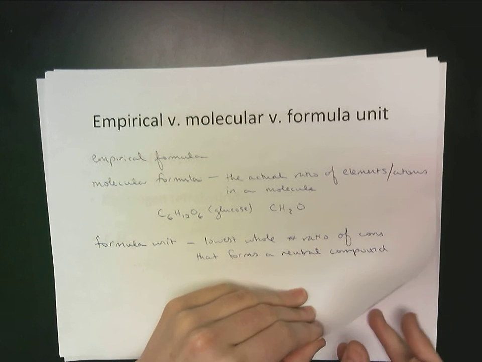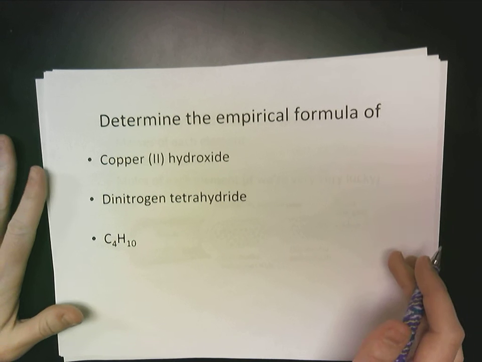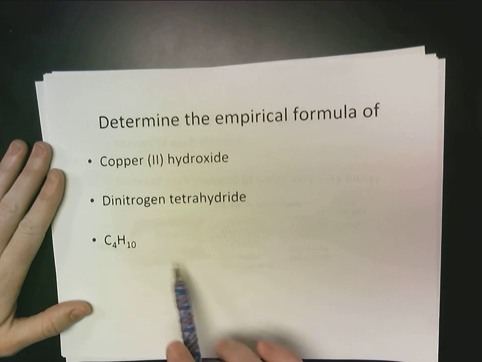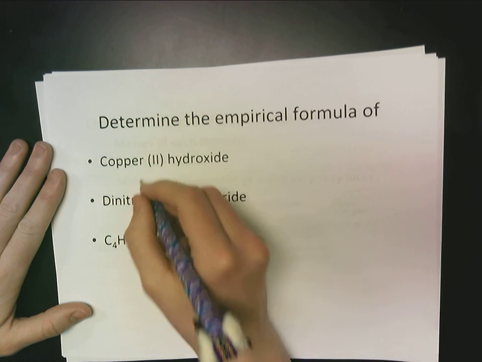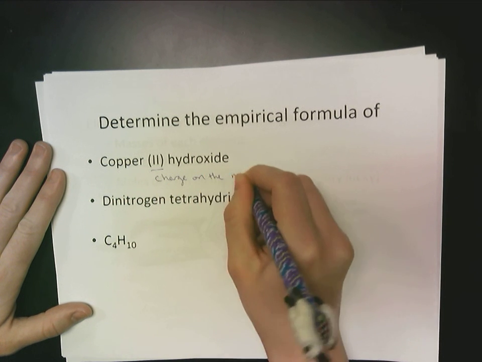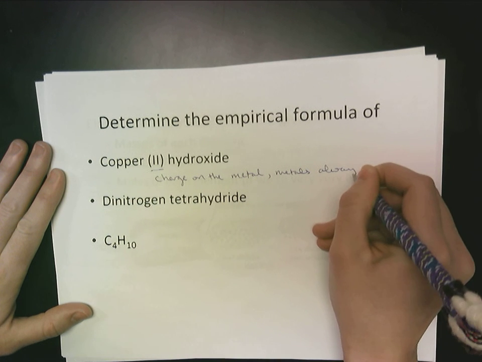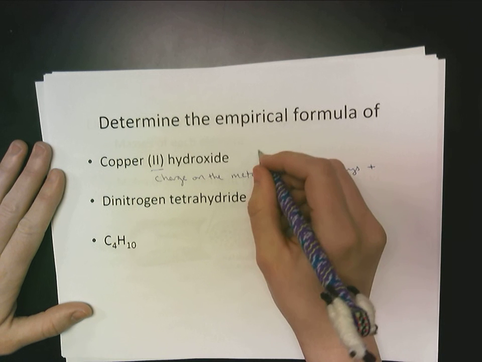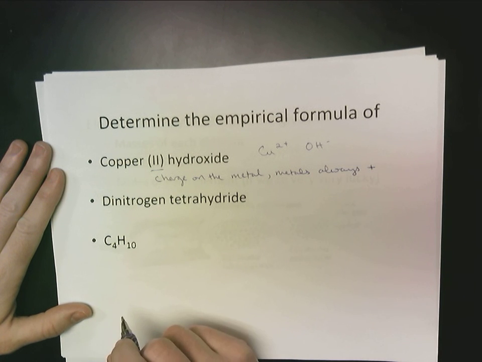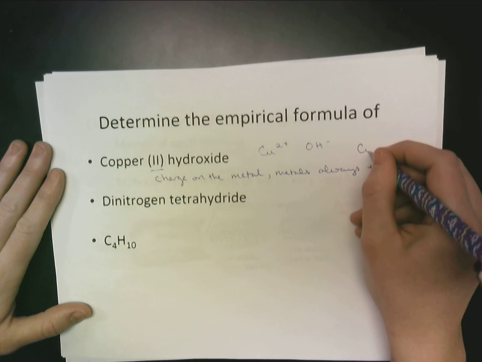Okay, so that gets all the definitions out of the way. Let's look at one type of problem we'll be doing, which is looking at things and figuring out the empirical formula. In this case, this is also a nomenclature test. So copper 2 hydroxide, remember the 2 refers to the charge on the metal. And remember, metals are always positive. So here we have copper 2 plus combining with hydroxide, which you'd need to memorize as OH minus. That means we need 2 hydroxide ions for every 1 copper.